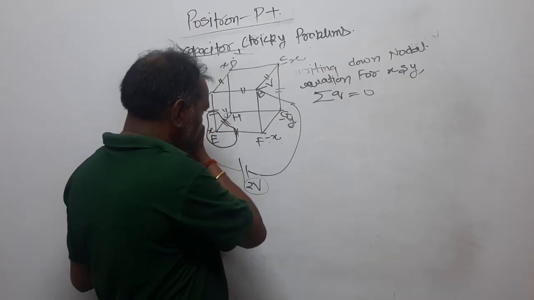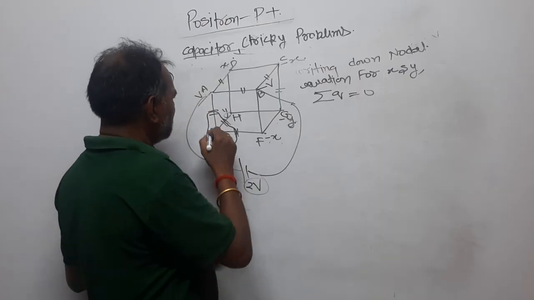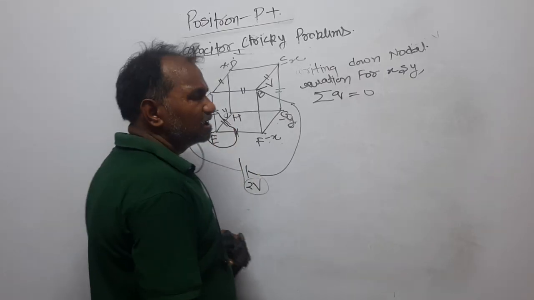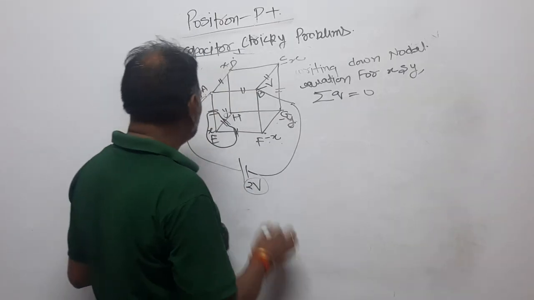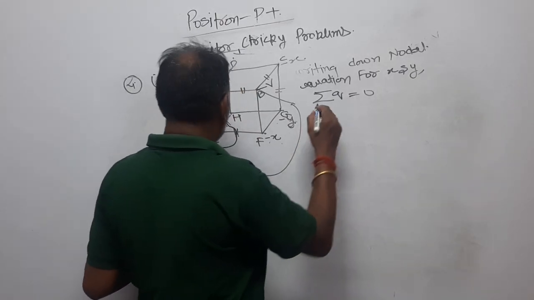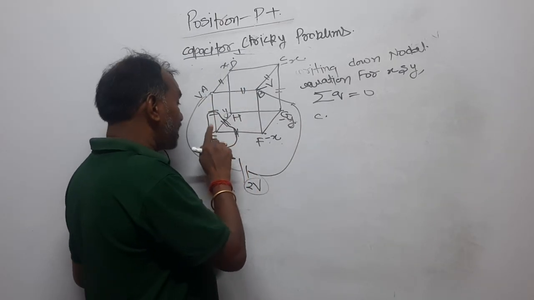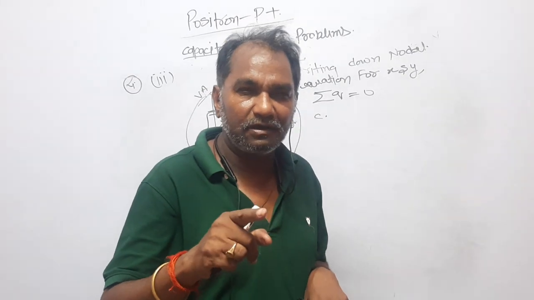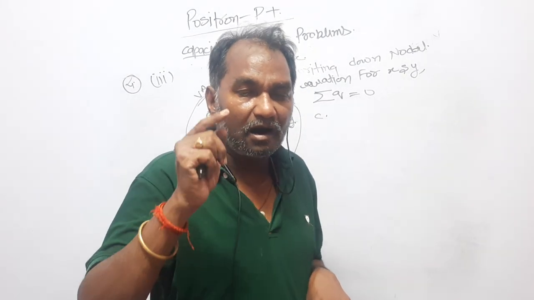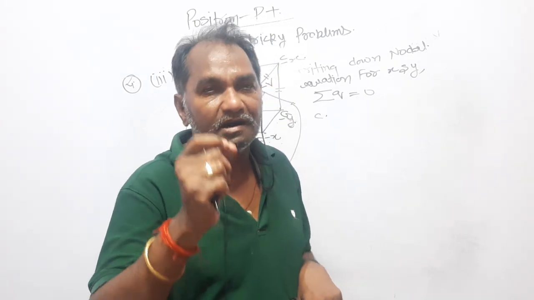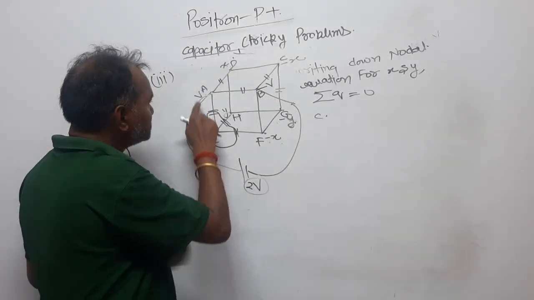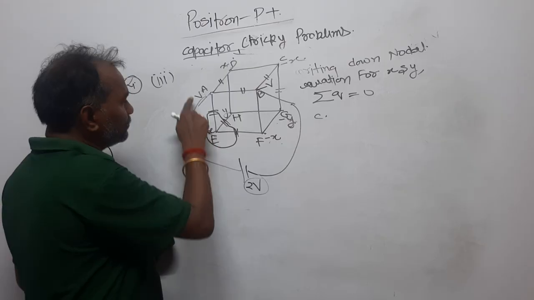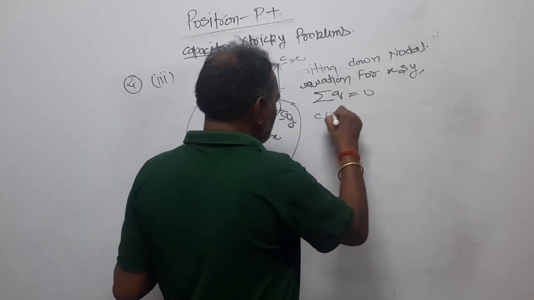So you can write the charge on this capacitor Q is equal to C into V. This is C into potential. If you are writing the nodal equation either for X or for Y, then undoubtedly you have to assume they are at higher potential. So X is higher potential than V, so the potential difference would be X minus V.